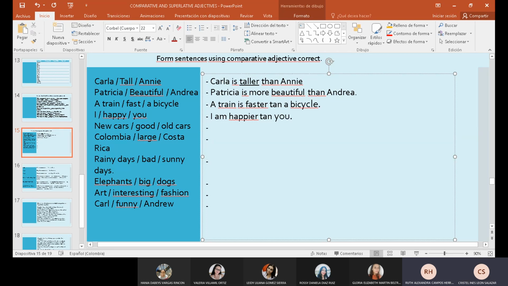The new cars, gooder or more gooder? No. Good is irregular, and also it lacks the verb.